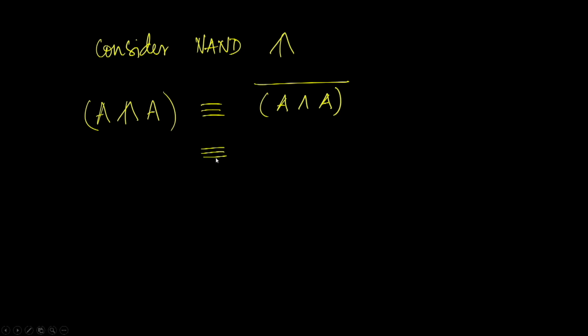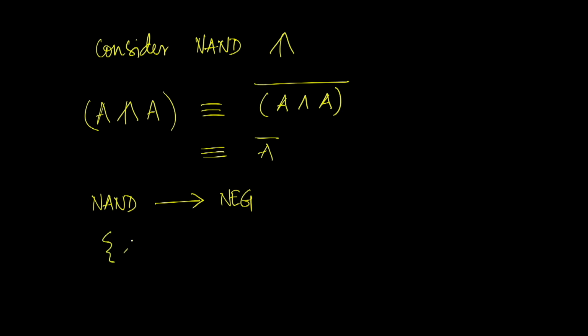But then what is A and A? When A is 0, it is 0 and 0, which is 0. And when A is 1, it is 1 and 1, which is 1, which means A and A is nothing but A. So this is A complement, which means when a variable is NANDed with itself, we get the complement of it. Or in other words, we can use NAND to generate negation.